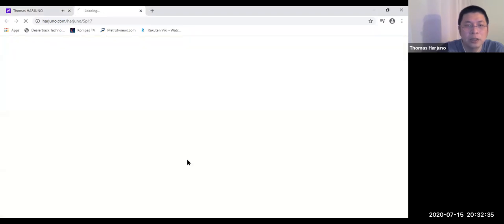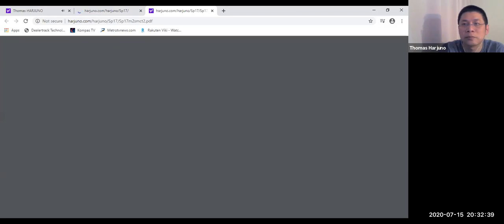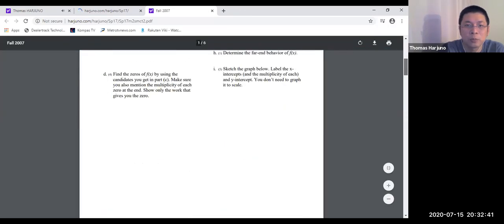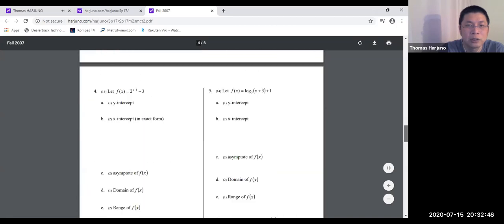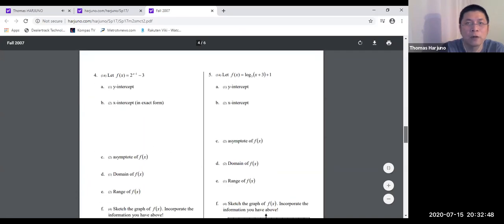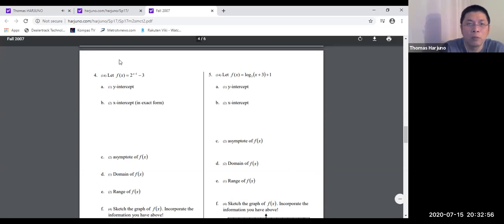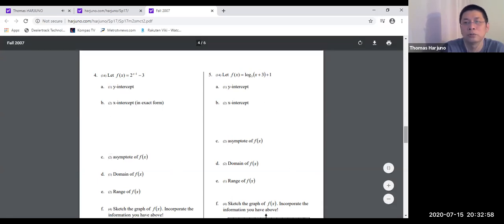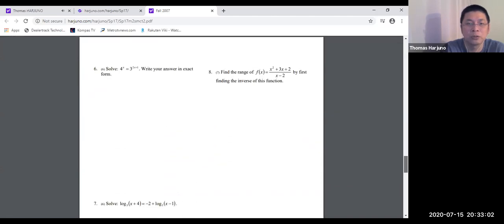Let's see, Spring 17, precalculus, polynomial, rational functions, exponential function. They have log function. So in my Spring 17 Test 2, I have the log function, but you don't need to do that. The exponential function you need to know.